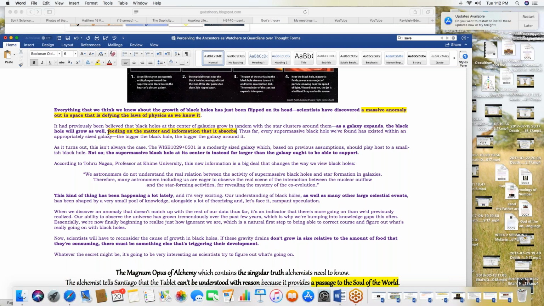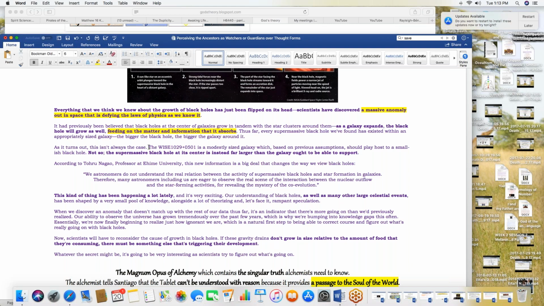This black hole feeds on matter and information, the correct information, and shoots that back to us. So we can't hide behind that no more. As it turns out, this isn't always the case.